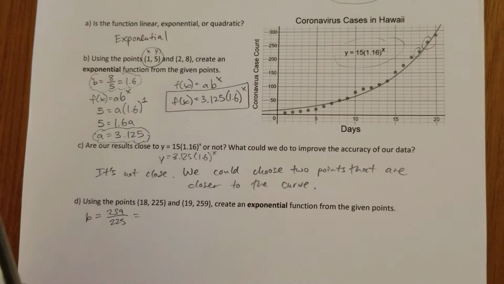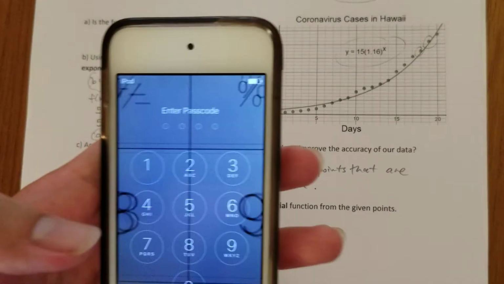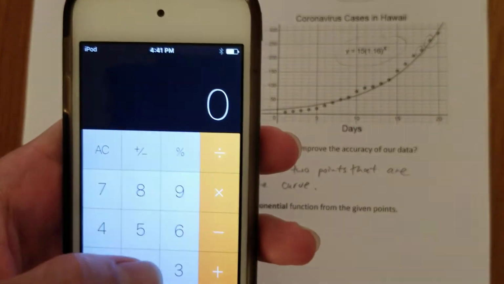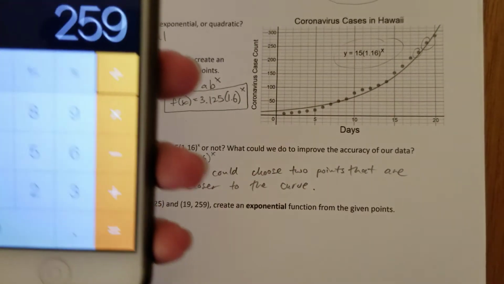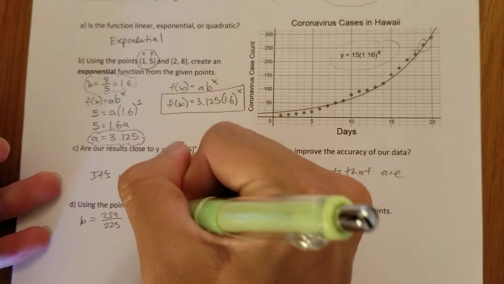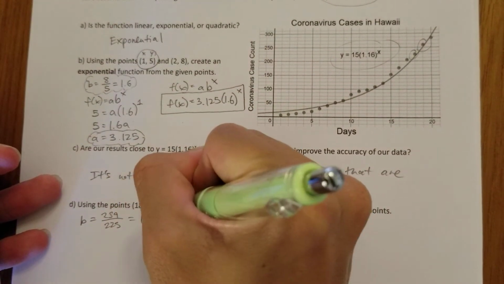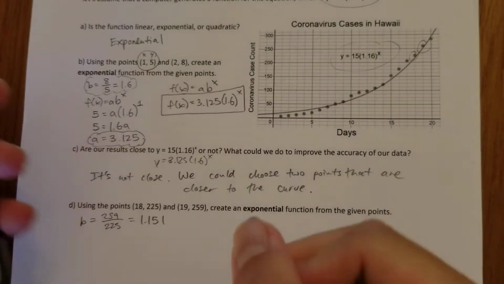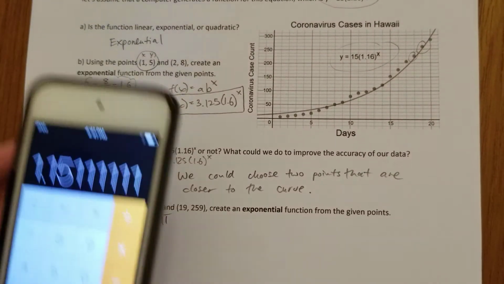Let's see what that is, because I don't know that off the top of my head. 259 divided by 225 is 1.1511.